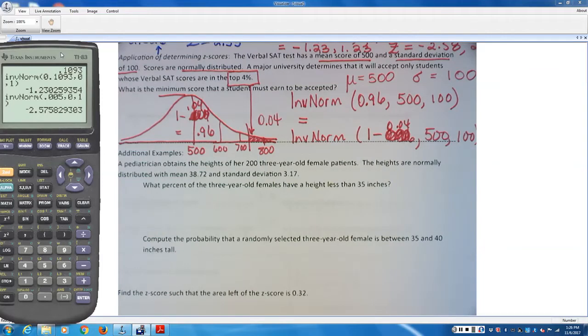So if you've got the area to the right, you need the area to the left, just put 1 minus the area to the right. And that would be a score of 675.06.